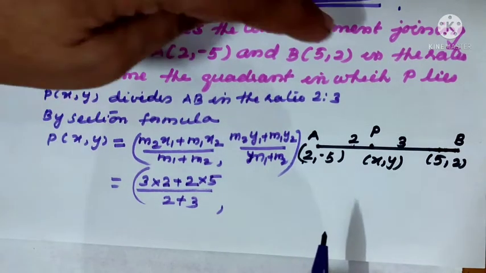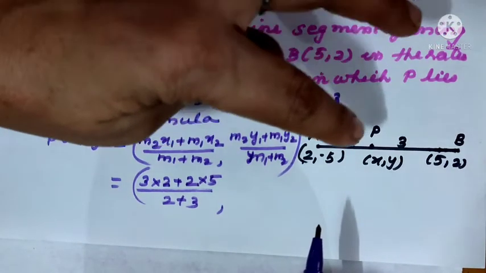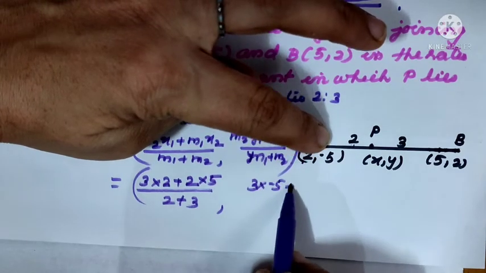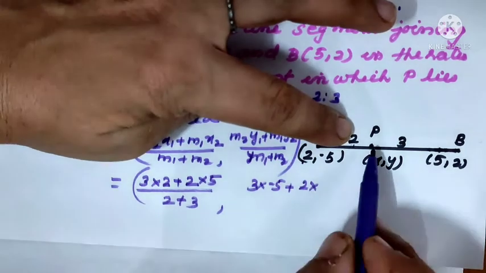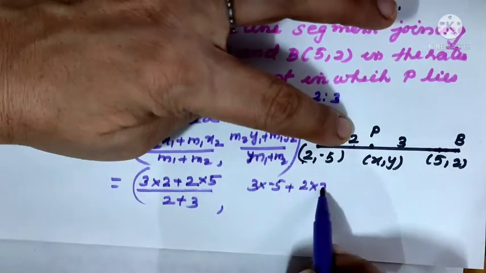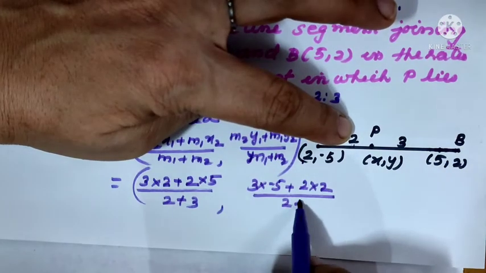Similarly the y value: we are starting from 3 into minus 5, plus 2 into the far away coordinate, 2 into 2, whole divided by 2 plus 3.